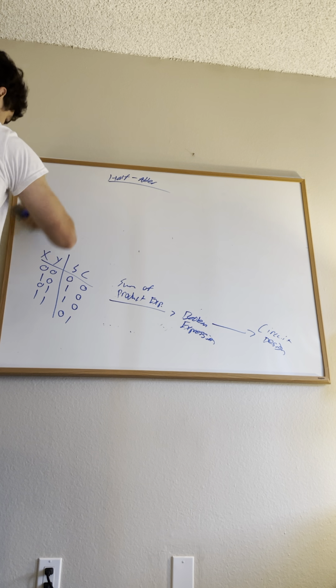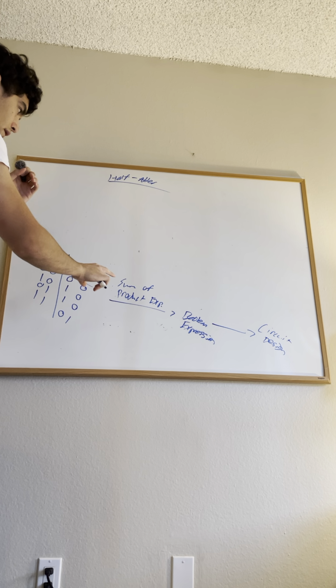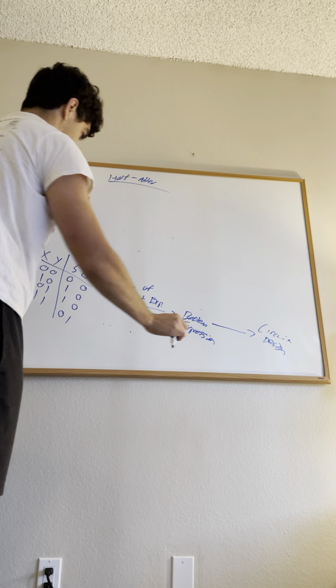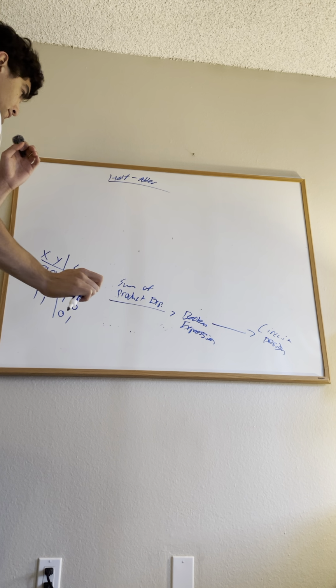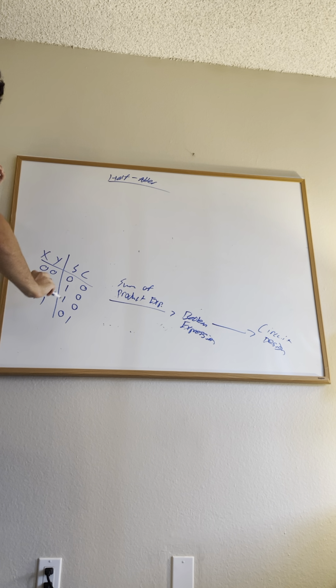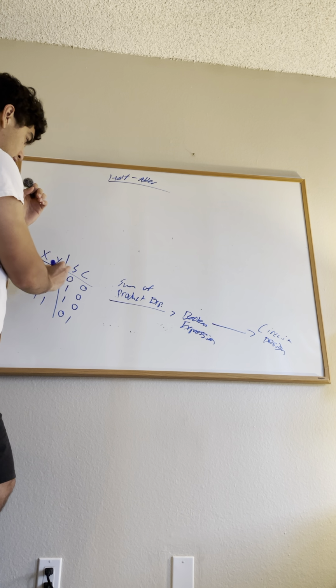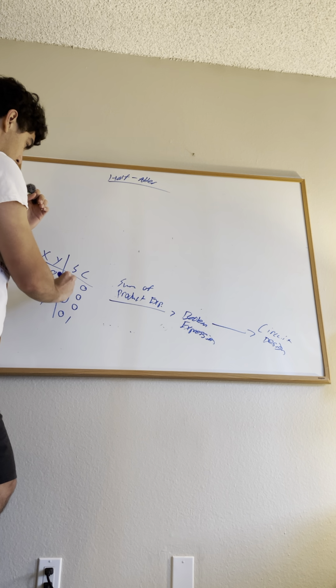But anyways, for this, let's try to translate into a Boolean expression. Okay. So we want to look first at just our S column here. We want to look at where our output is 1. And our output is 1 here.